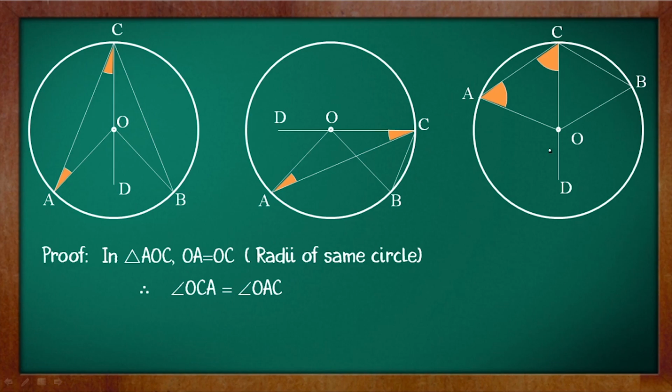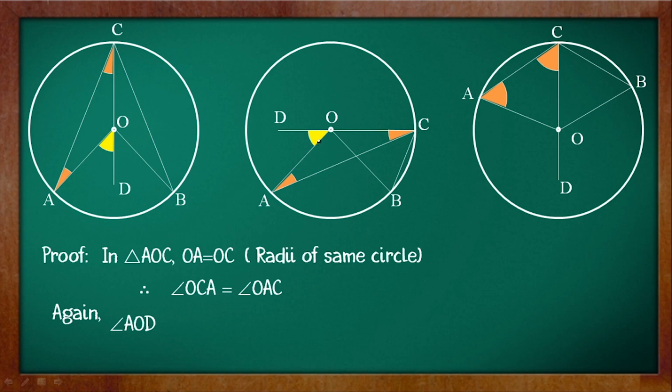Now let's see one more angle, that is angle AOD. If we mark the angle AOD in the first diagram, this is the angle AOD. Now see, this is a triangle, and angle AOD is the external angle. This is the triangle, and one of the sides is being extended, and we get an angle here, and this is the external angle.